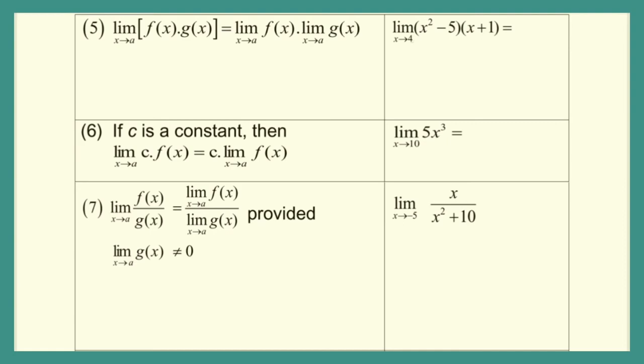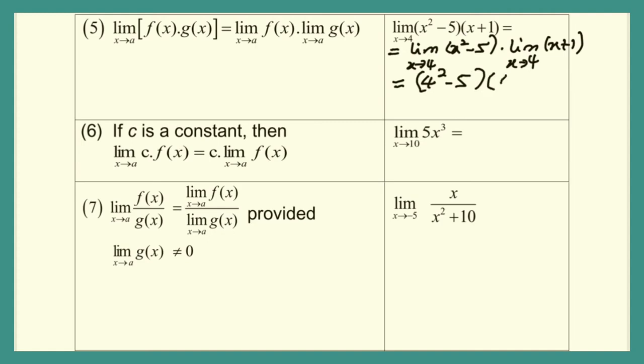For example, limit of (x squared minus 5) times (x plus 1) as x approaches 4 is equal to limit of x squared minus 5 as x approaches 4 times limit of x plus 1 as x approaches 4, which is 4 squared minus 5 times 4 plus 1. 4 squared is 16, minus 5 is 11. 11 times 5 is 55.